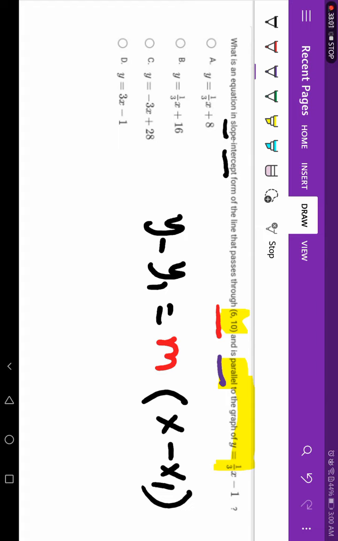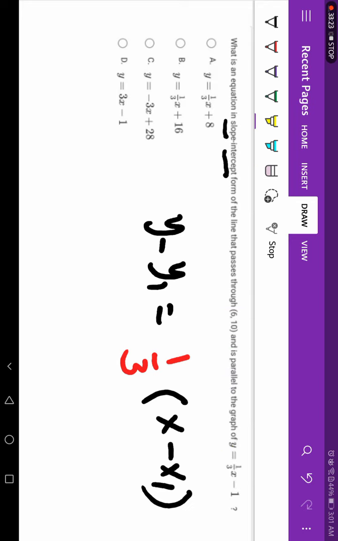Yes? The opposite reciprocal of 1 over 3 is negative 3. So he said here, I need the parallel line, so take this directly and don't think about anything. So 1 over 3 here. Are you happy? Yes, like me.